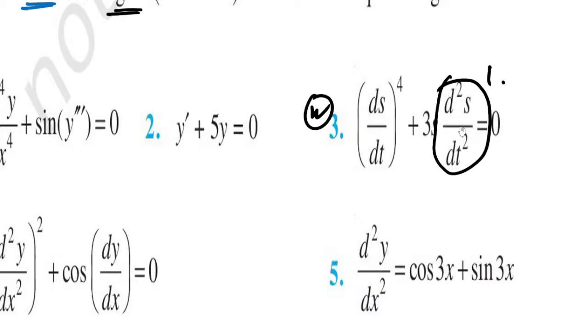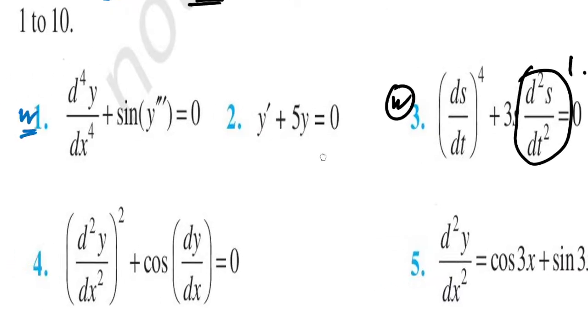Therefore, the order of this differential equation will be 2, and the maximum power of the highest derivative is 1. So the degree will be 1, because this differential equation is a polynomial in its derivative. Hope there is no problem to understand the solution of question number 3.